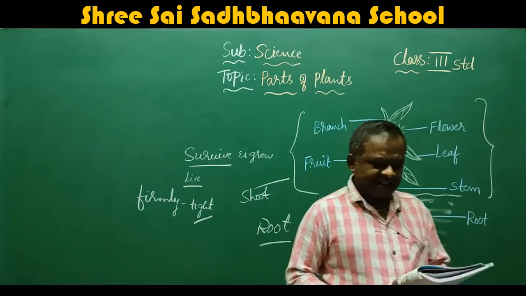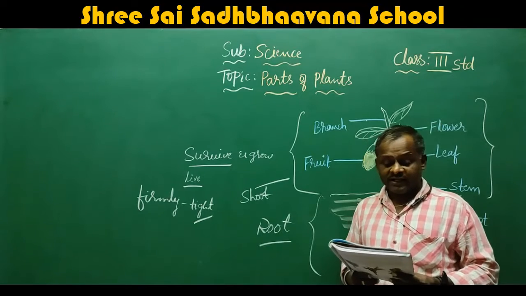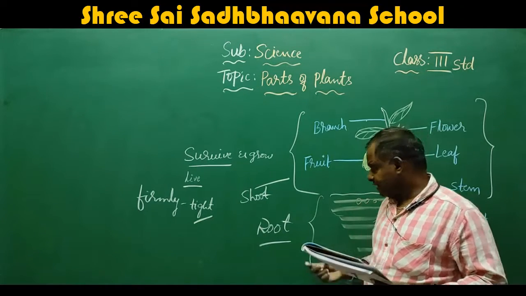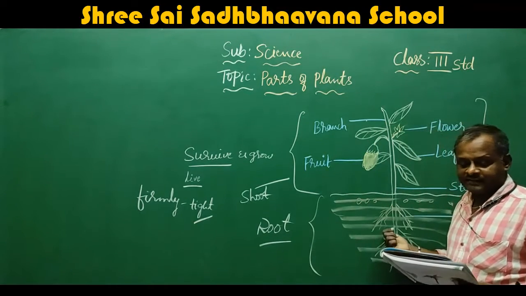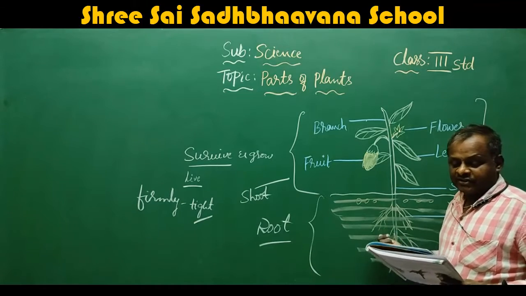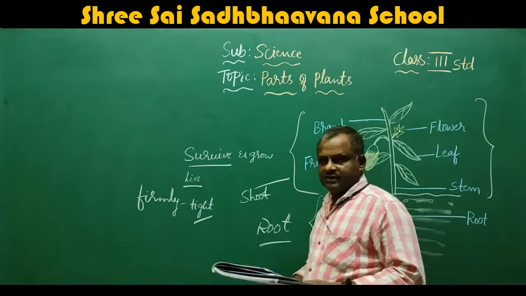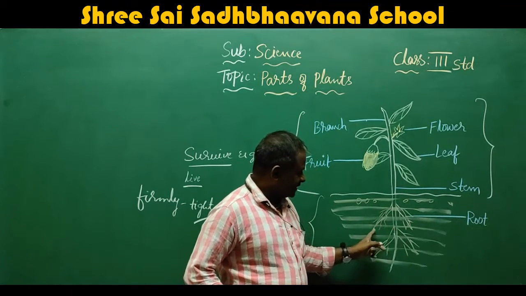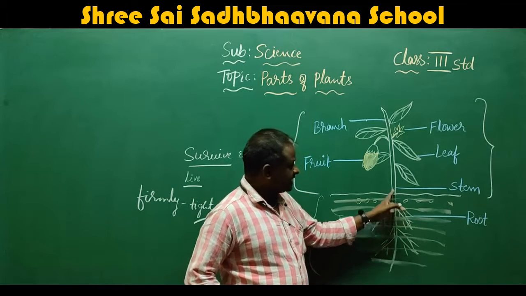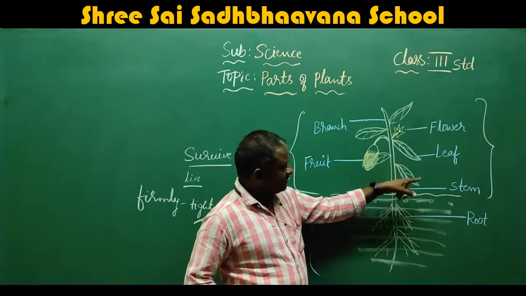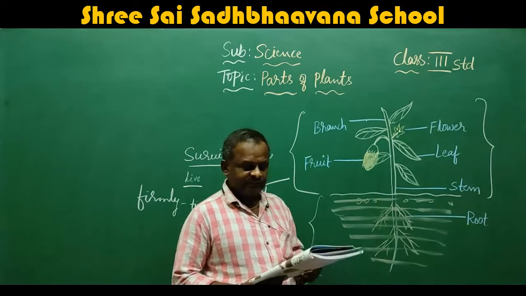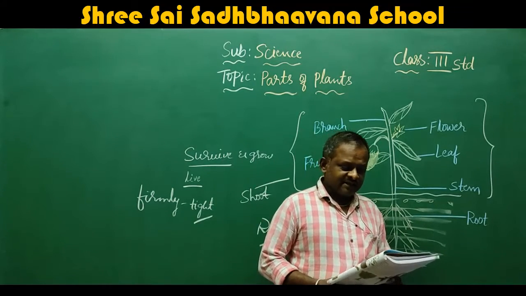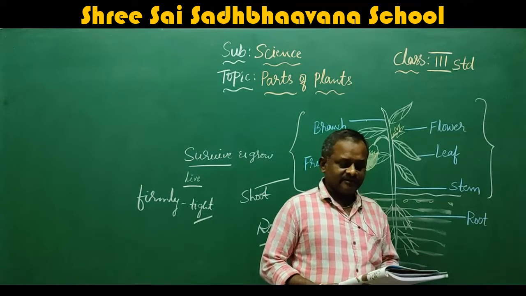Next, it absorbs water and minerals from the soil and passes them to the stem. Here it absorbs, and that comes up to the stem. The stem in turn passes them to the leaves and other parts of the plant.